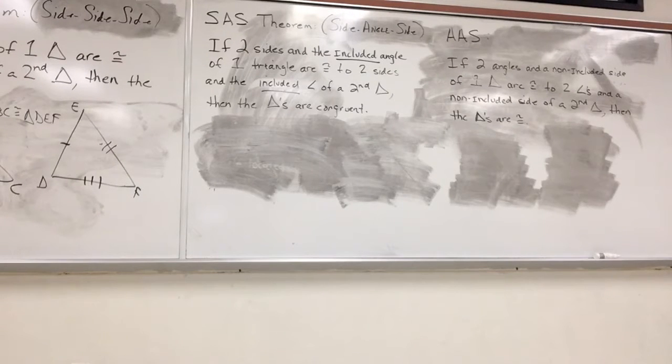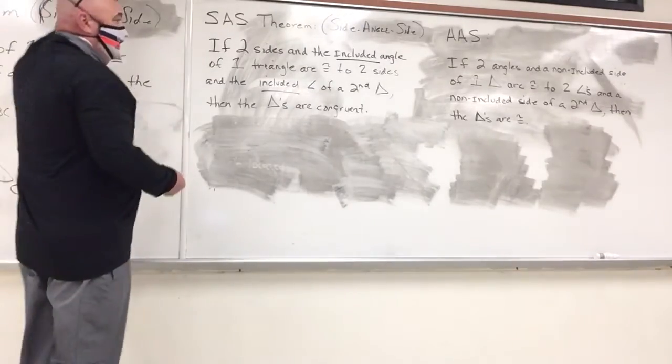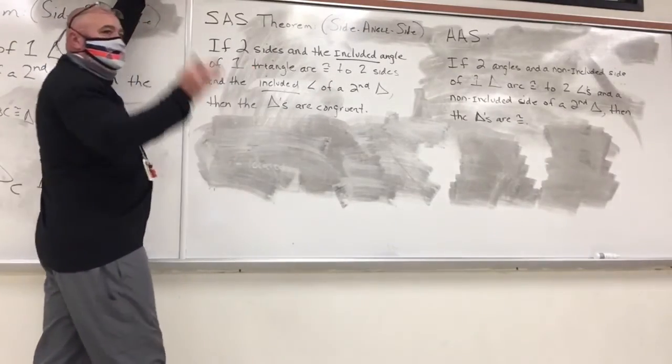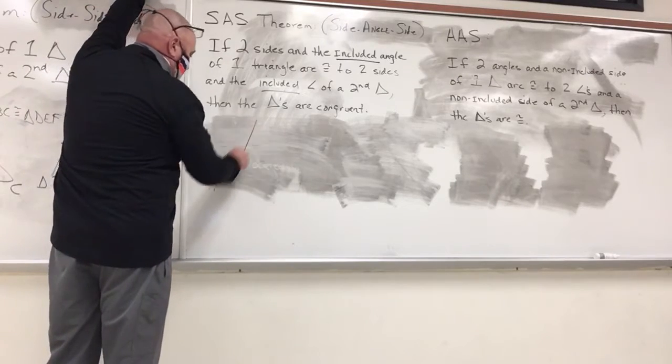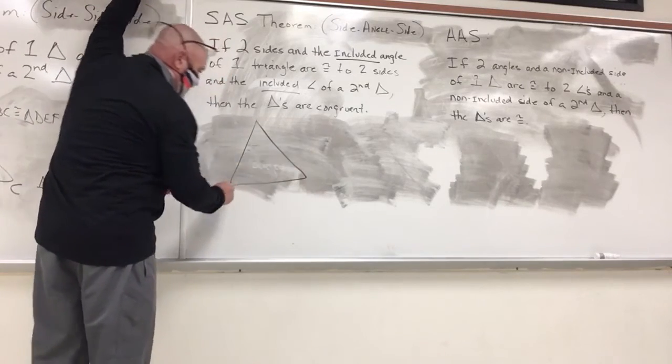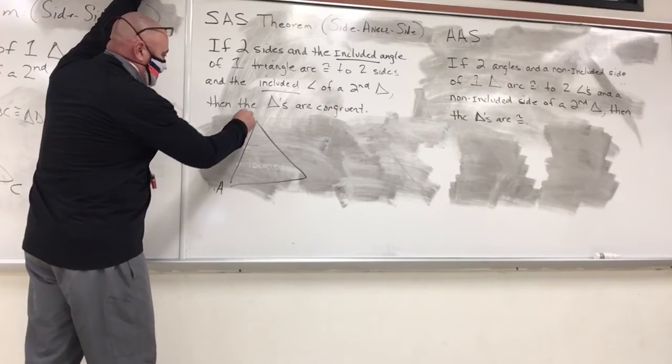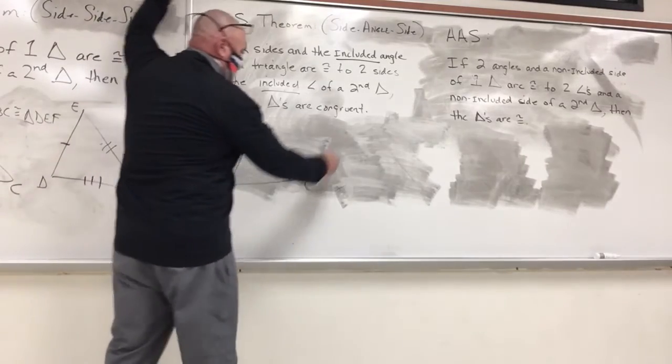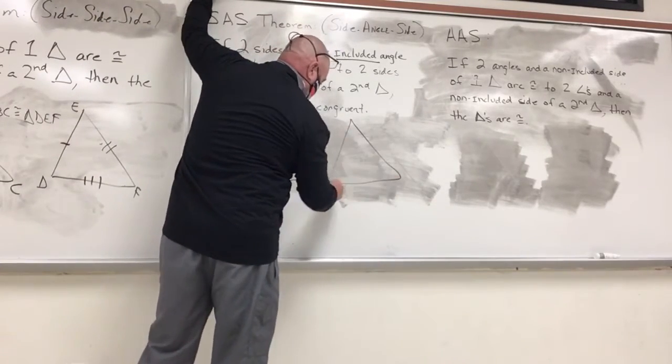It's gotta be located in between the two sides. It has to be included, okay? So again, word representation, write that down. Then I'm gonna give you a visual representation, and we're gonna do it with triangle ABC and triangle XYZ.